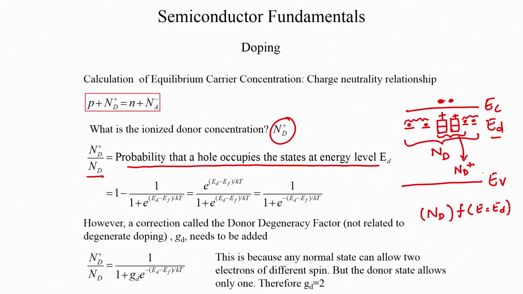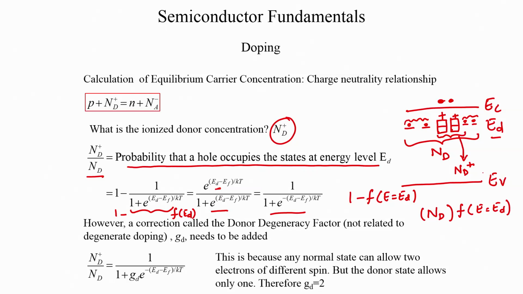So, what is the probability that a hole occupies the states at energy level Ed? It is 1 minus f of E, with E equal to Ed. So, that is my f at E equal to Ed, and 1 minus that is essentially this term. We will divide by that factor there and you end up with this particular ratio.